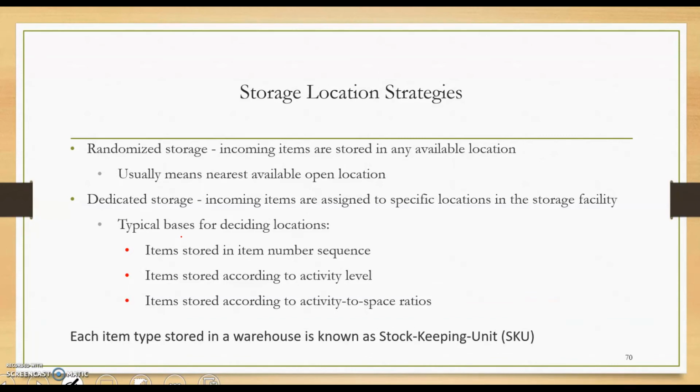For example, if the items are the most active items that you use regularly in the production, then they will be placed close to the production stations. So this strategy will use up a lot of storage, but it has the highest throughput.